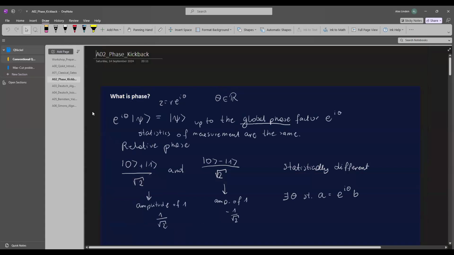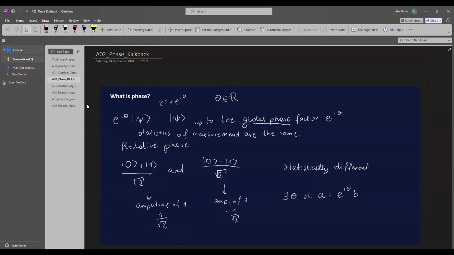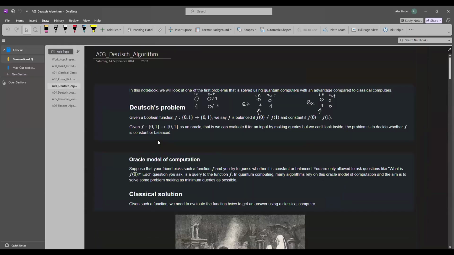We learned about phase kickback, which is a very interesting and important phenomenon used in many quantum algorithms, and which we will see today still. And finally, with the Deutsch algorithm, we saw how the oracle model of computation can be used to show some sort of quantum advantage.